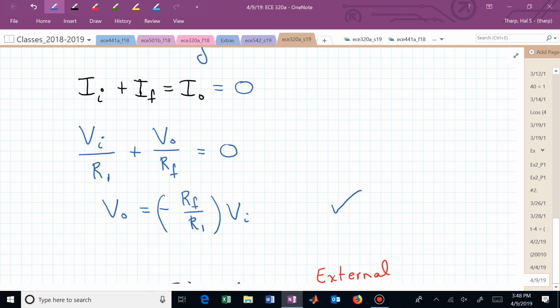If we divided both sides by V sub I, we would have our transfer function of this inverter circuit. It's not hard to replay that derivation if you forget it, or forget this formula.